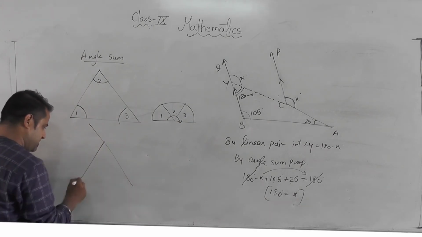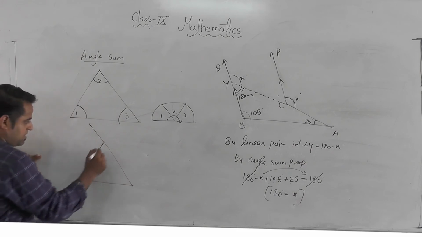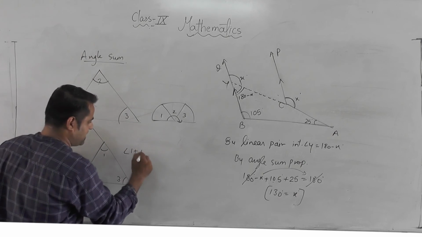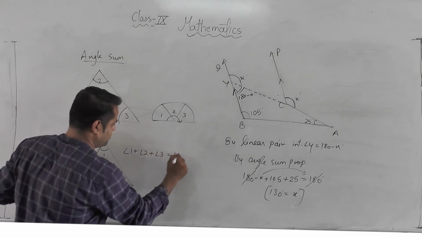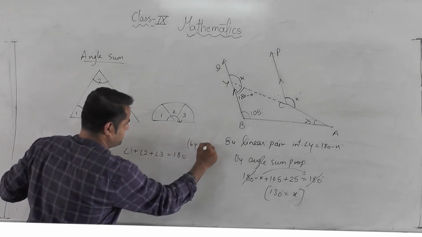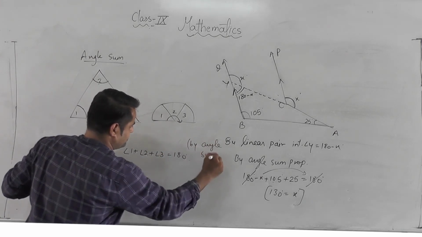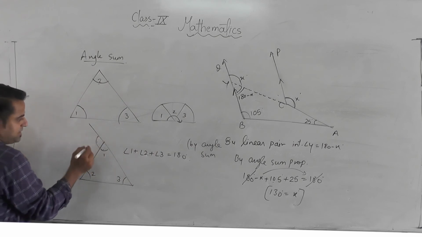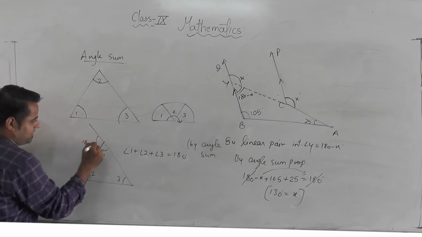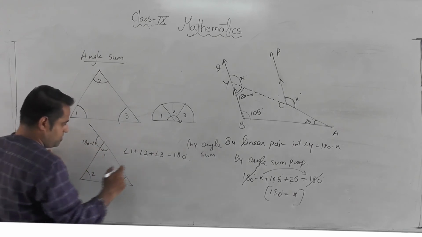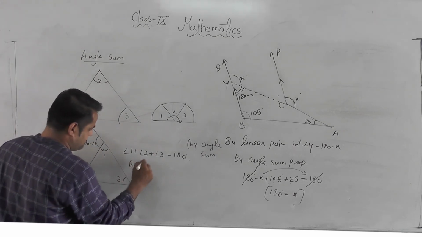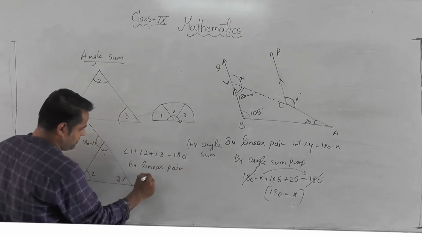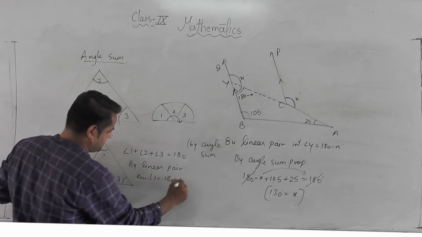What is the exterior angle property saying? See, suppose these are angles 1, 2, 3. We all know that by angle sum, 1 plus 2 plus 3 is equal to 180. And these two angles are sharing a line, so this angle will be 180 minus 1. So by linear pair, this exterior of 1 is equal to 180 minus angle 1.